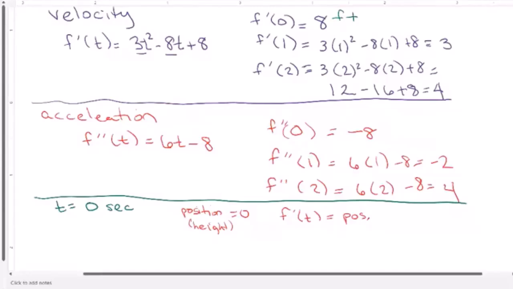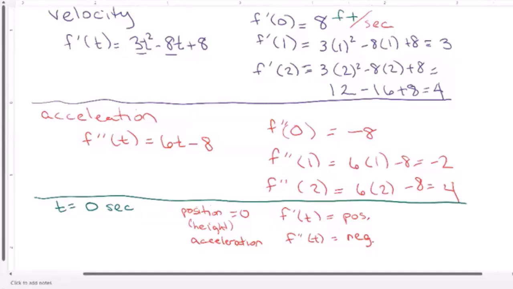It's actually 8 feet per second. And my acceleration, which is f double prime of t, is negative.